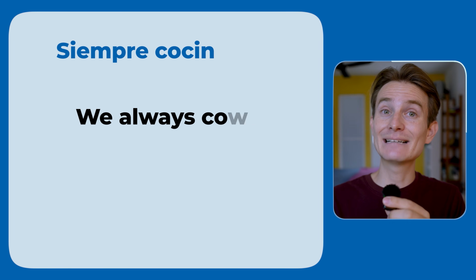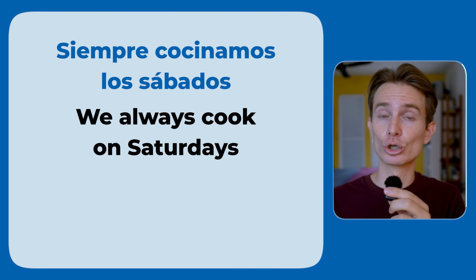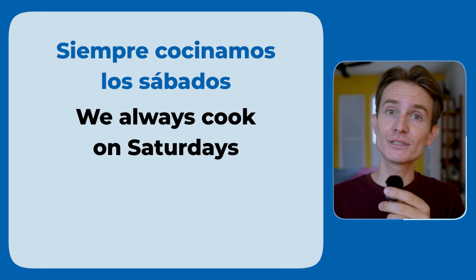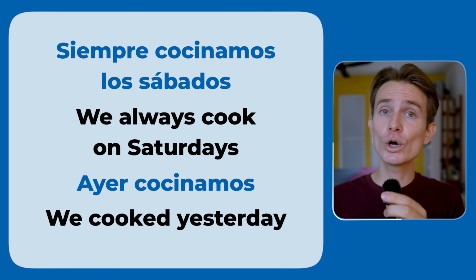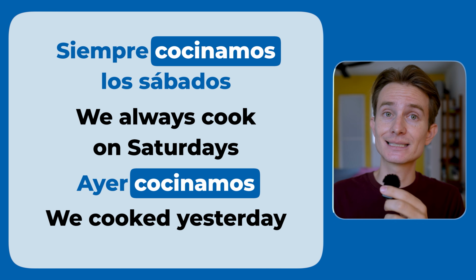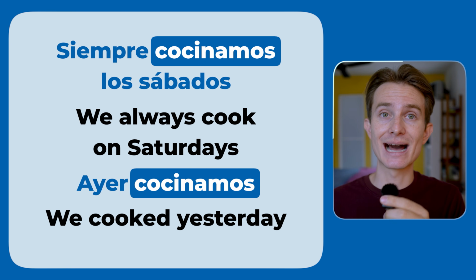It's also worth noting that in the present and past nosotros form, the ending is exactly the same. For example, siempre cocinamos los sábados versus ayer cocinamos. Notice how the word cocinamos is actually the same in both the present and past tense.